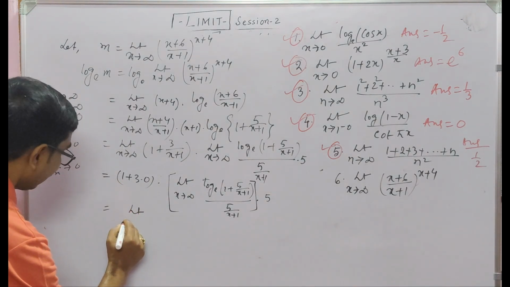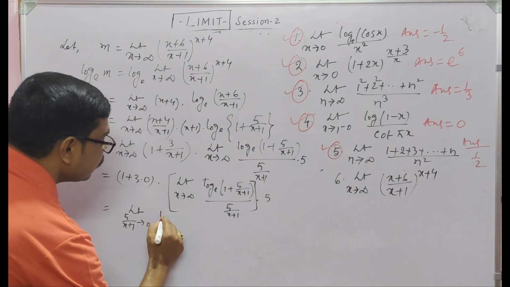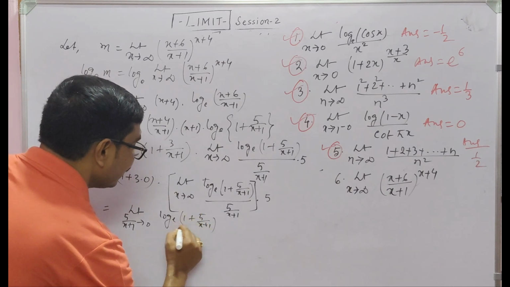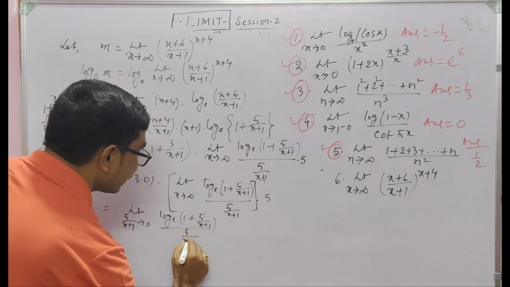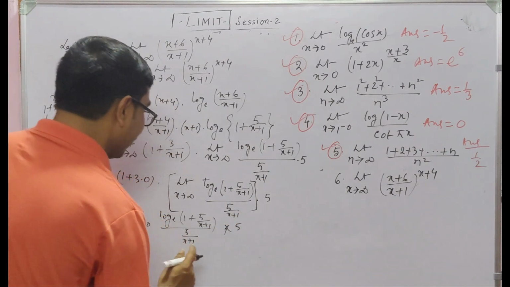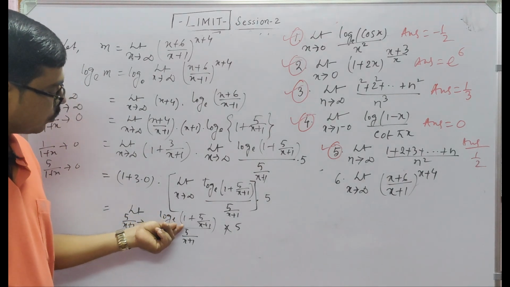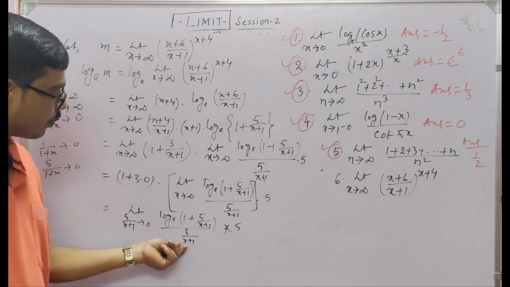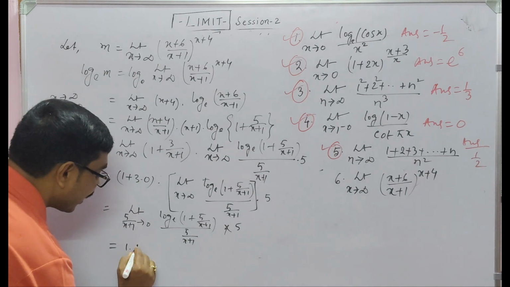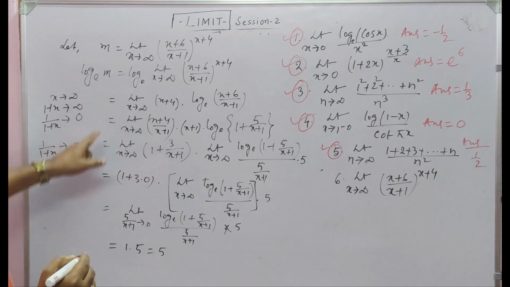And limit 5 by x plus 1 tends to 0, log 1 plus 5 by x plus 1 into 5 by x plus 1, into 5. That is the formula: limit x tends to 0, log 1 plus x by x equal to 1. That is 1 into 5 equal to 5, so this result is 5.